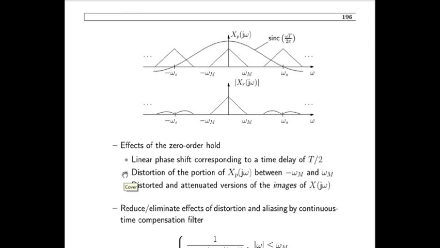The first is the linear phase shift corresponding to a time delay of T by 2. And the portion between omega m minus omega and omega m gets distorted, giving a distorted and attenuated version of X of j omega.